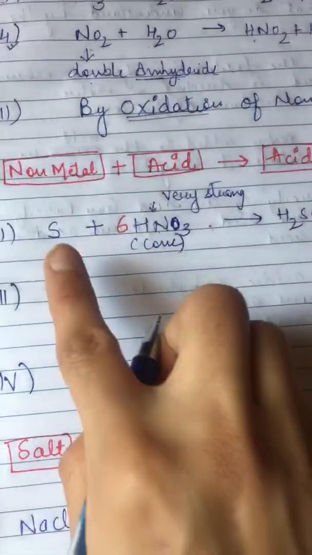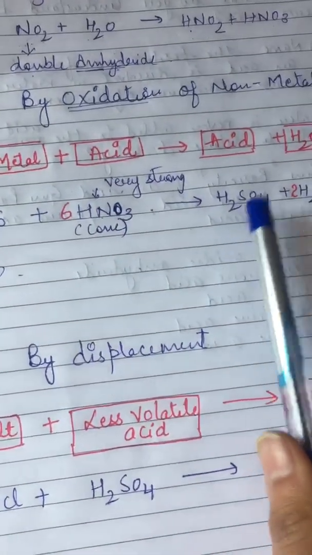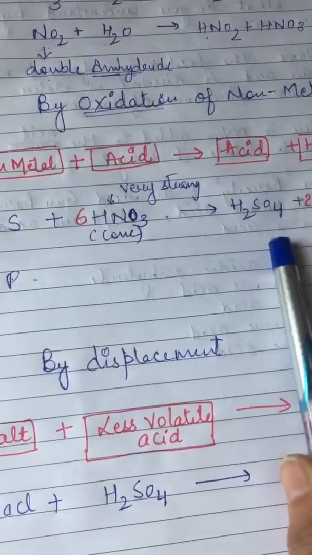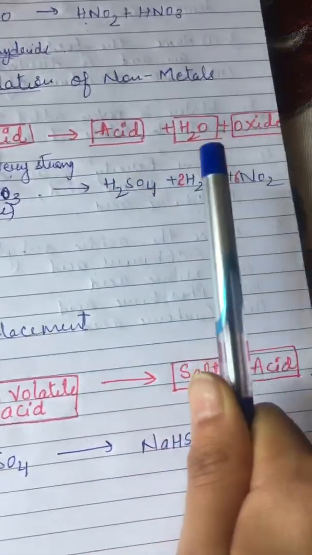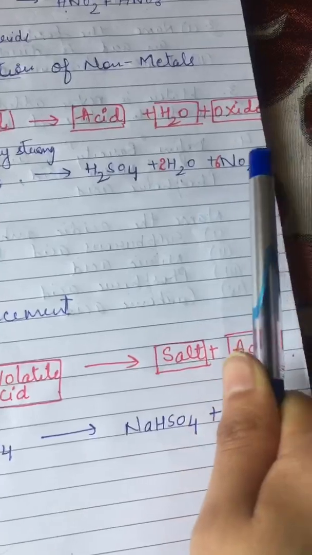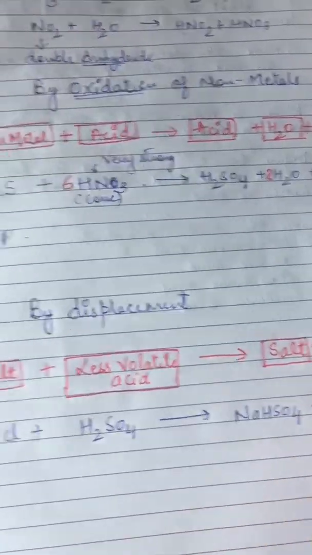Learn all these things. When sulfur and nitric acid react, it will form sulfuric acid, H2SO4, leaving behind some other products like H2O and nitrogen dioxide, NO2.